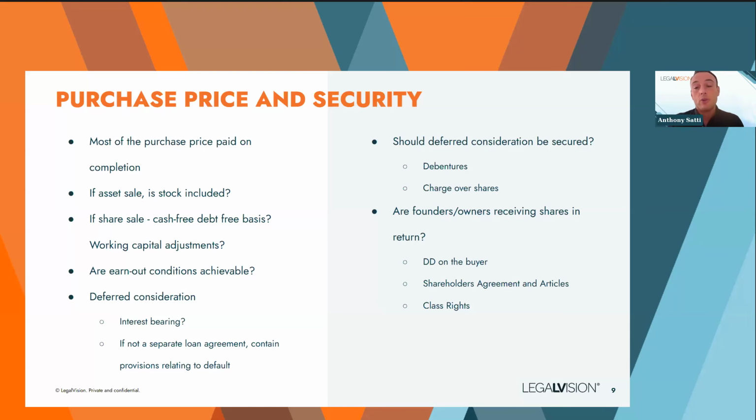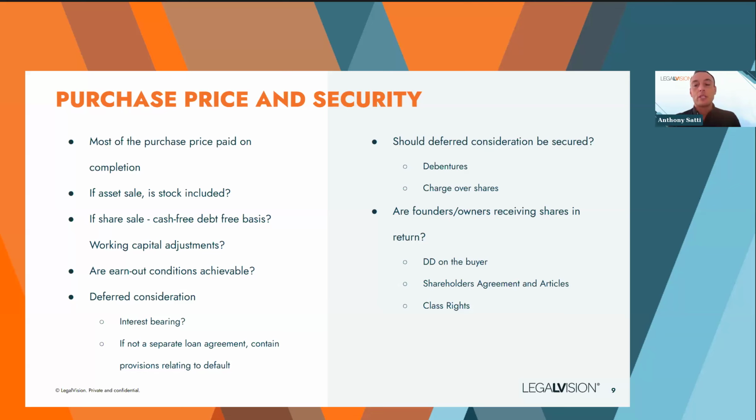If we're talking about an asset sale transaction, it could be the buyer giving a general fixed and floating charge over the assets of the buyer company and the assets of the business itself, also known as a debenture. There could also be personal guarantees that owners or founders or holding companies give to ensure that the deferred purchase price payment is paid.